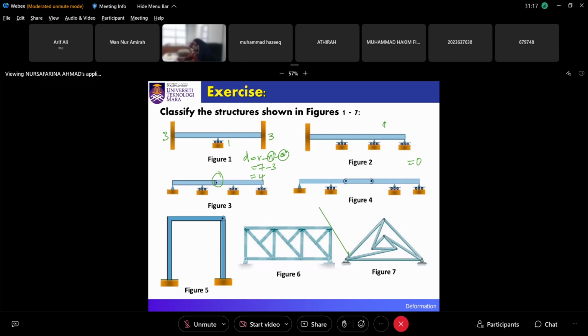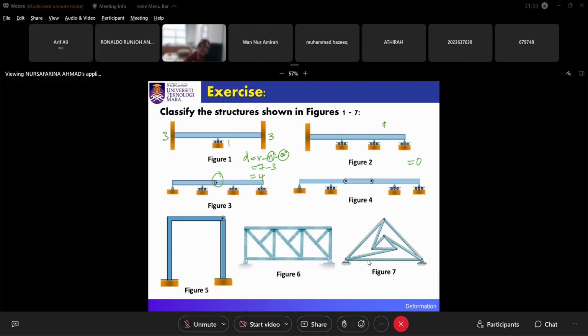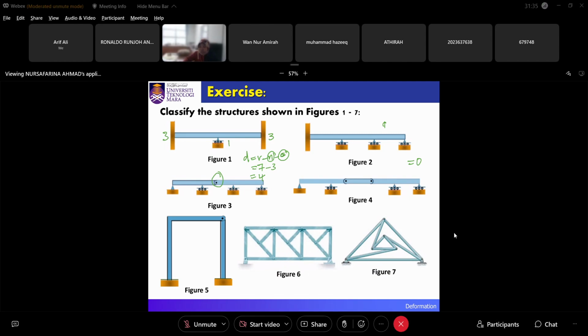Now Figure 4, Ronaldo. What did you get? Is it statically determinate? Yes, determinate.